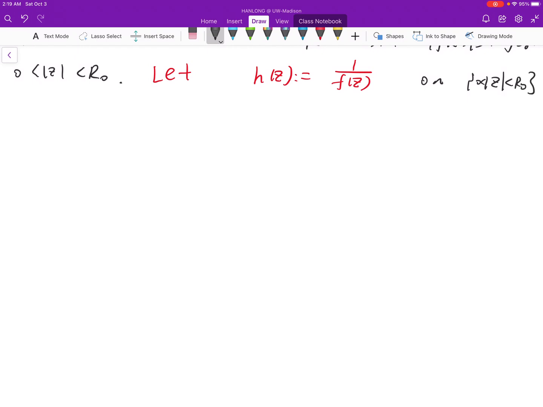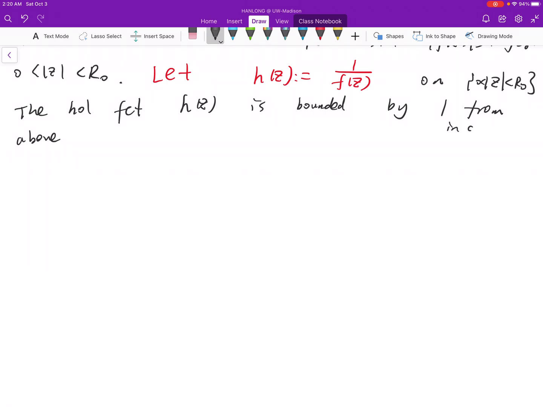On the punctured disk, then the holomorphic function h(z) is bounded by 1 in absolute value.